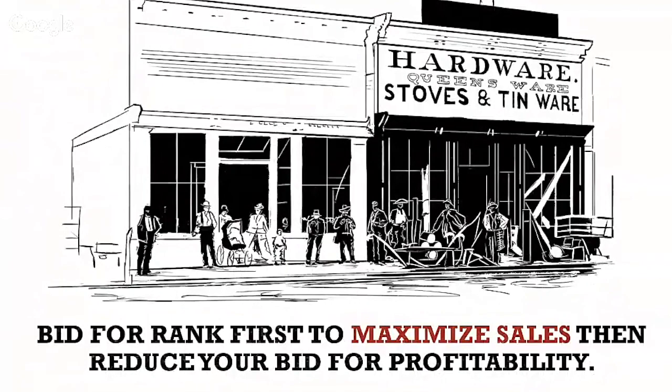So you want to bid for rank first to maximize sales, then reduce your bid for profitability. Amazon is an incredibly tight platform. Everything is rewarded based on sales history. You gotta get to that top of search placement where 80% of all sales conversions happen in search.